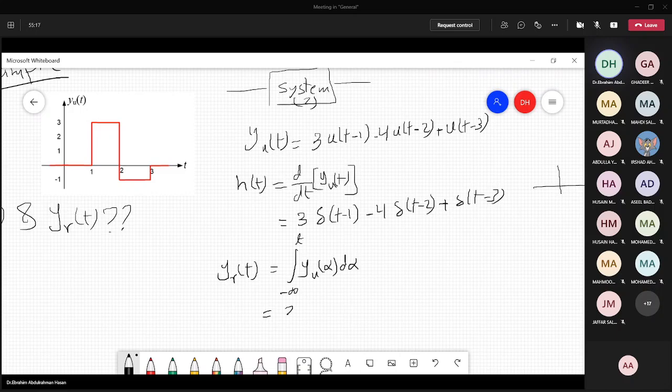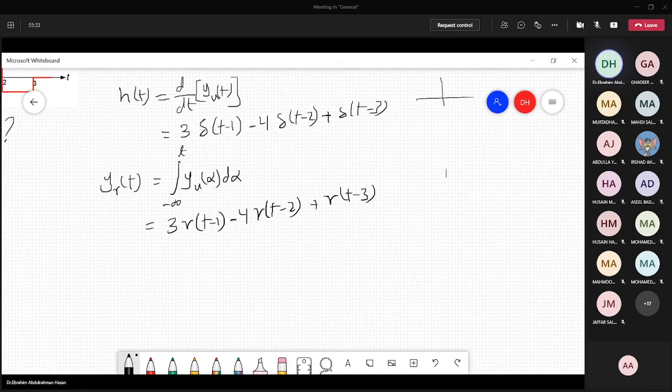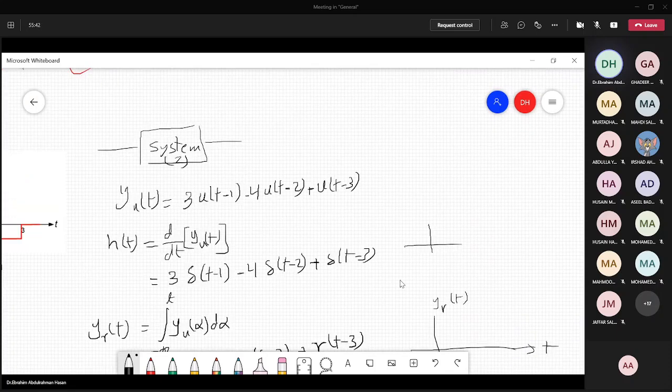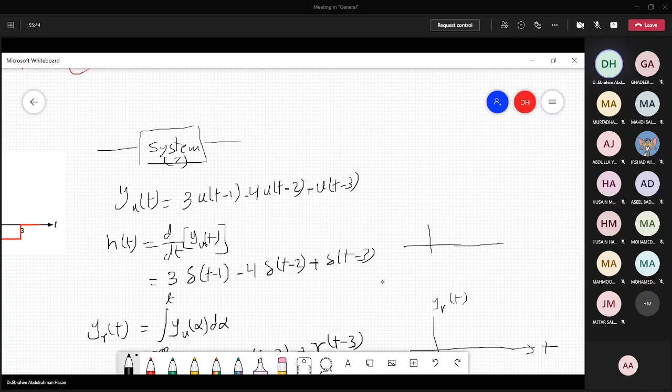So it is equal to 3 ramp of t minus 1 minus 4 ramp of t minus 2 plus ramp of t minus 3. Okay, just sketch it again here. So this is y ramp of t, and this is t, and here h of t.